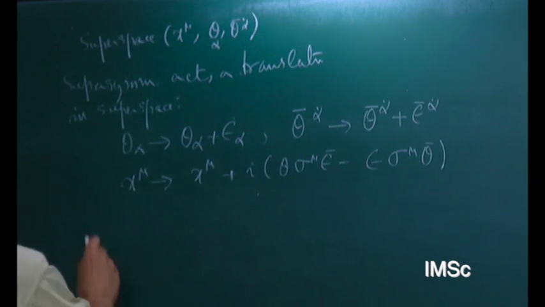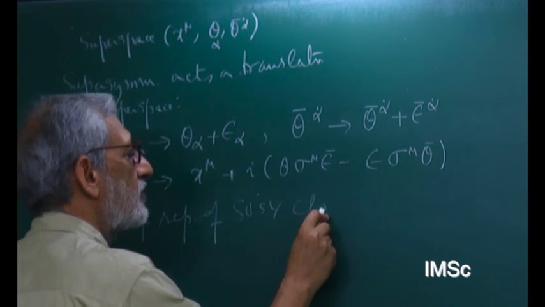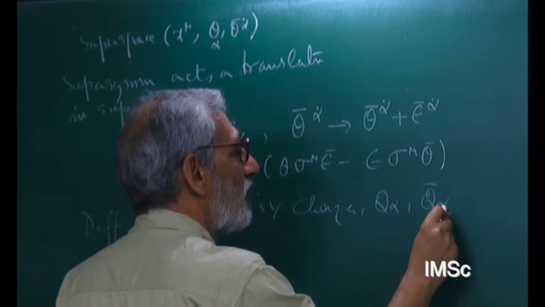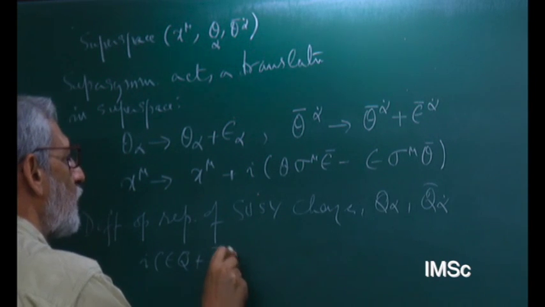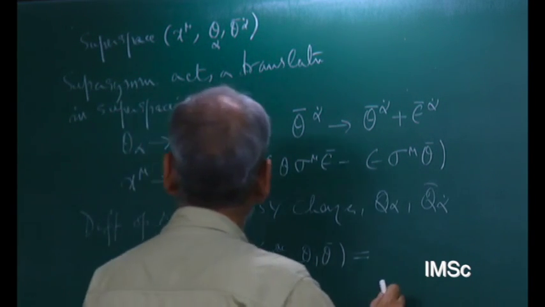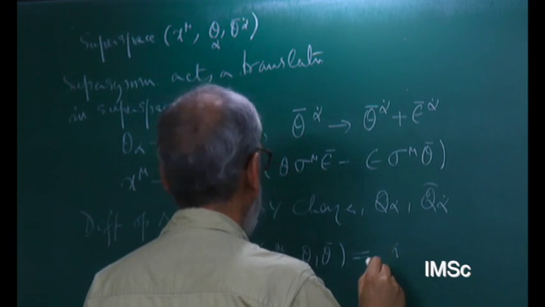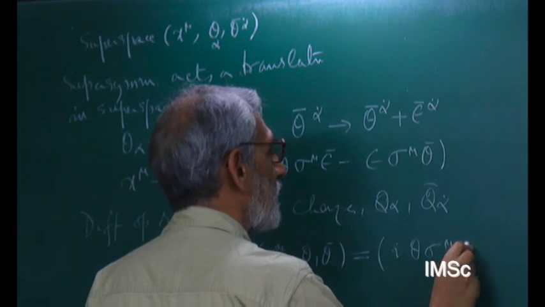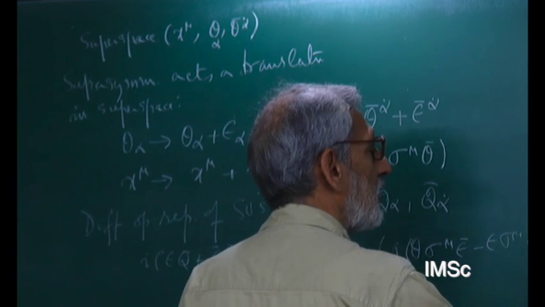And then we found a differential operator representation for the supercharges Q alpha and Q bar alpha dot, which implement this transformation, which means i times epsilon Q plus epsilon bar Q bar acting on x mu, theta and theta bar gives us i times theta sigma mu epsilon bar minus epsilon sigma mu theta bar, epsilon and epsilon bar.